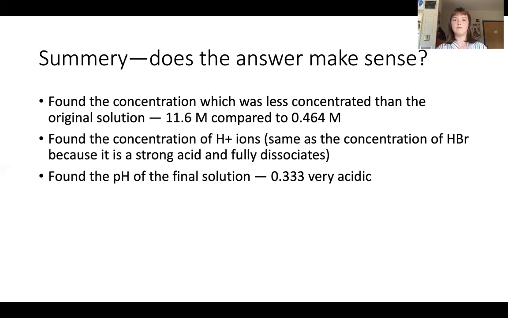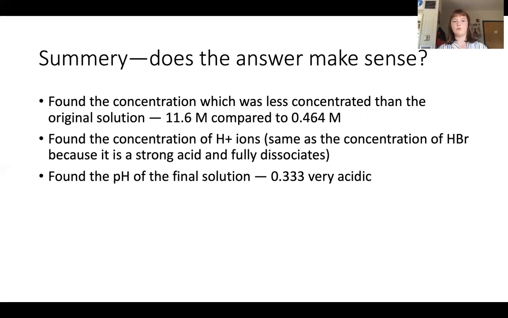In summary, we try to figure out whether or not our answer makes sense. So we started with a very high concentration of hydrobromic acid, and we diluted it by adding water to the solution, and we ended up with a much less concentrated solution of 0.464. This makes sense because, again, we're adding water, so it will become more diluted and a lower concentration.